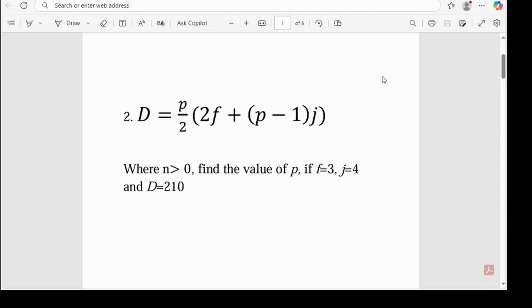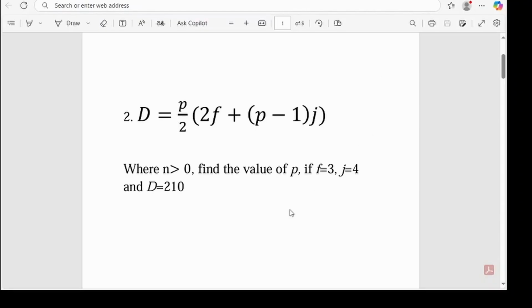We have D equals the fraction p over 2 multiplying, in brackets, 2f plus, in brackets, p minus 1 multiplying j, bracket close, where p is greater than 0.